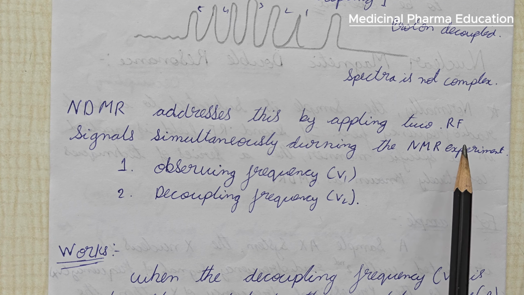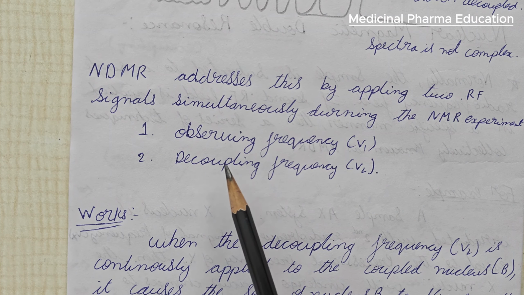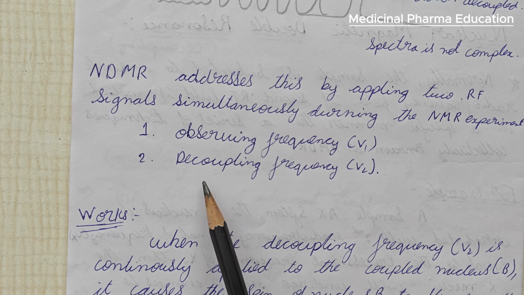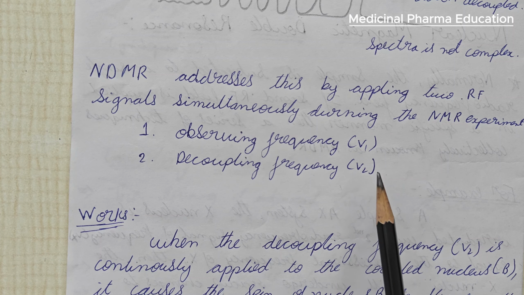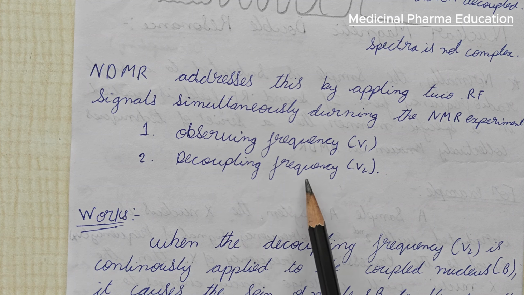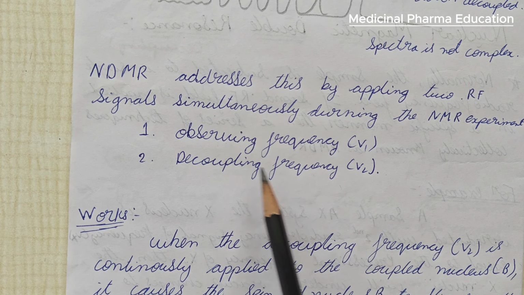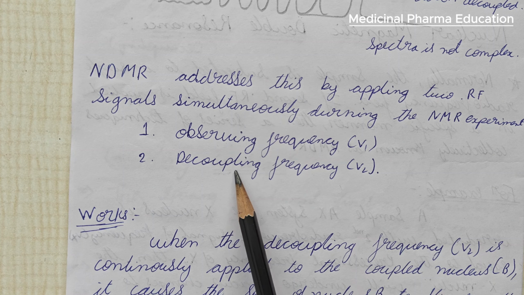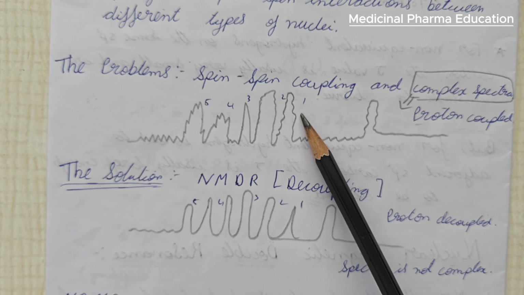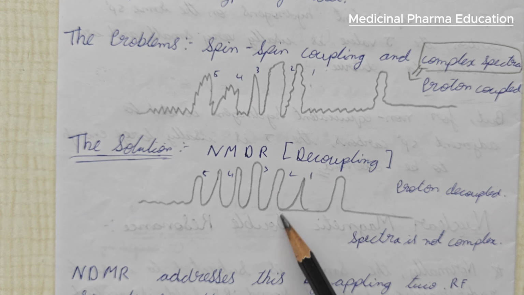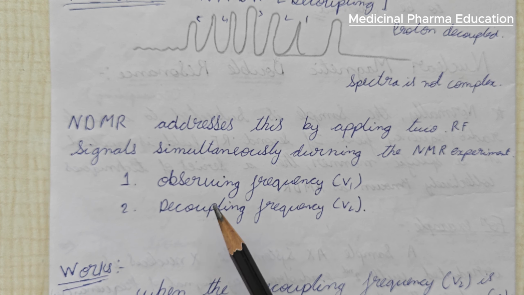Okay, first one and second one. See, first the observing frequency V1 and the decoupling frequency V2. Observing frequency is the first radio frequency, decoupling frequency is the second radio frequency. The decoupling radio frequency is what reduces the complex spectrum. Okay, it is converting the complex spectrum into a normal spectrum by the decoupling frequency.